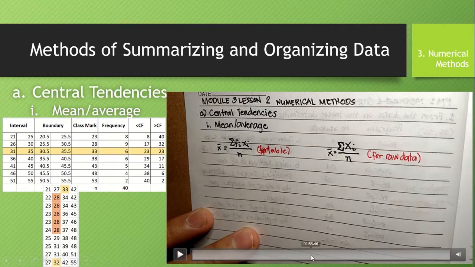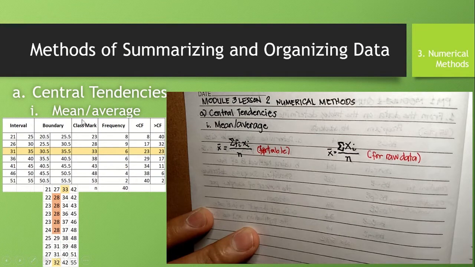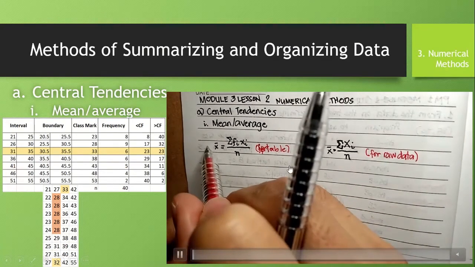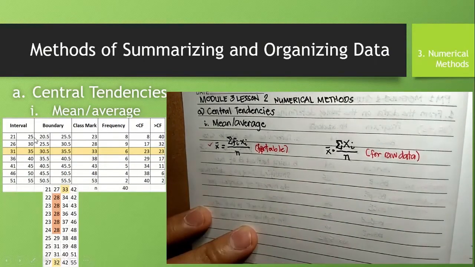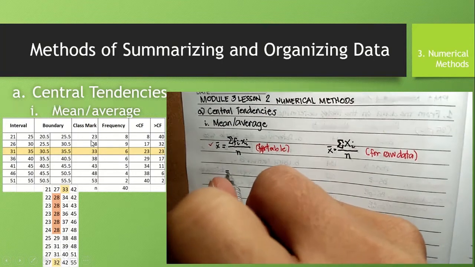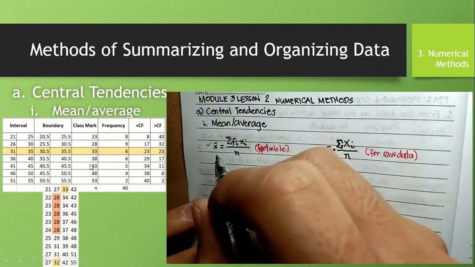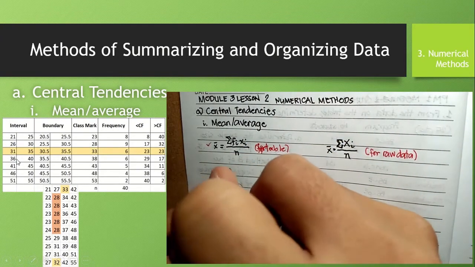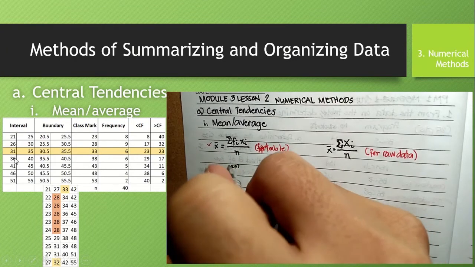Okay, so let's start with this table here. Here's the solution for this table on how we get the mean or the average. First we will solve for the mean of the grouped data, using this table.